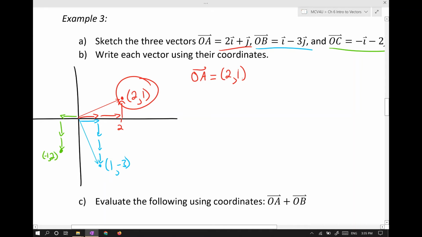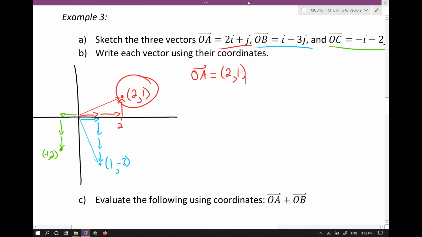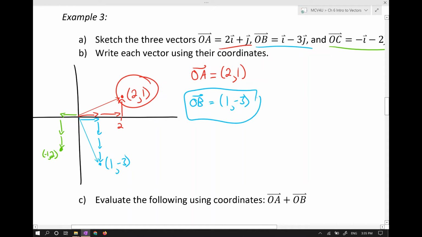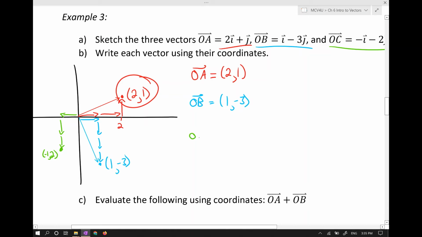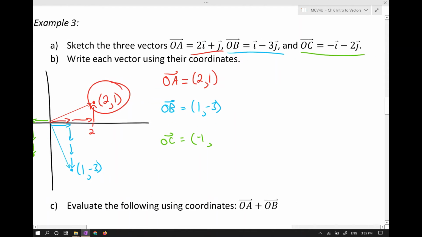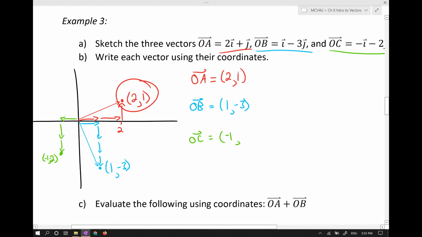Vector OB, don't forget your convention here, OB is equal to (1, -3). What we're indicating with this notation is that our vector goes from the origin to point B, which is point (1, -3). Nice and easy. So OC is equal to (-1, -2). I apologize, there we go.